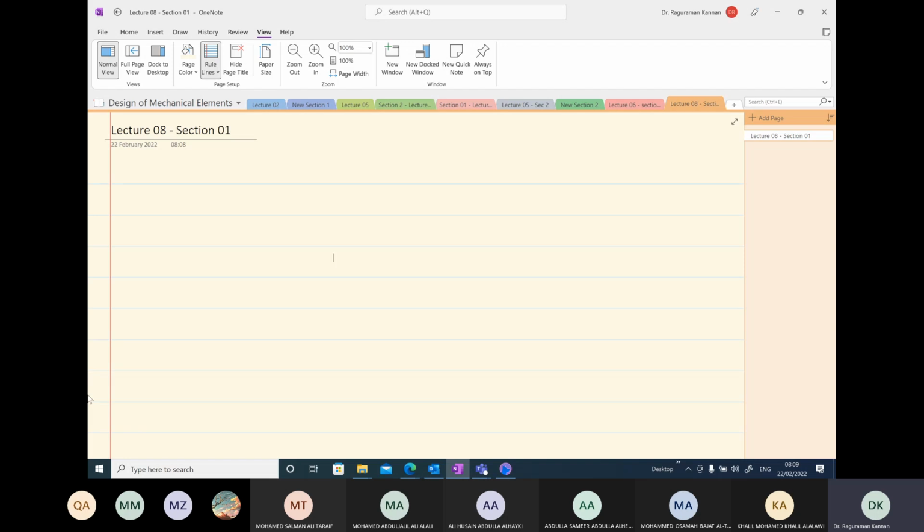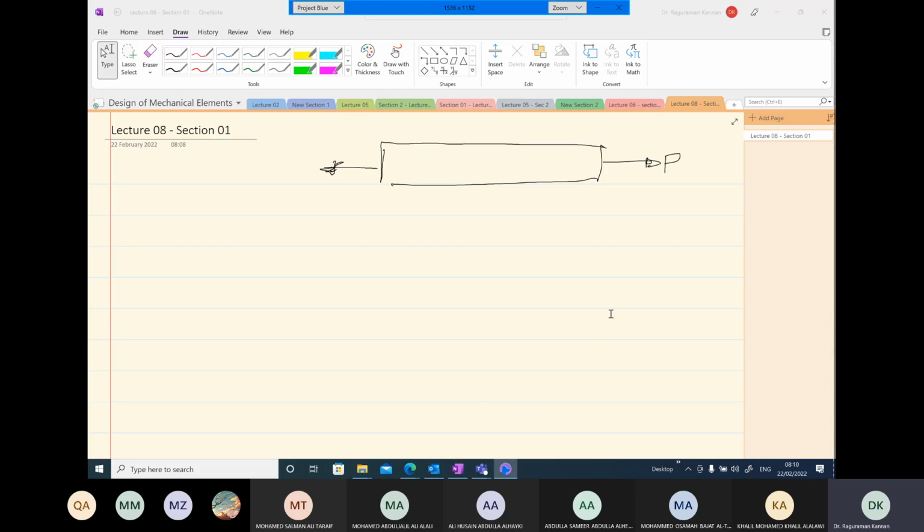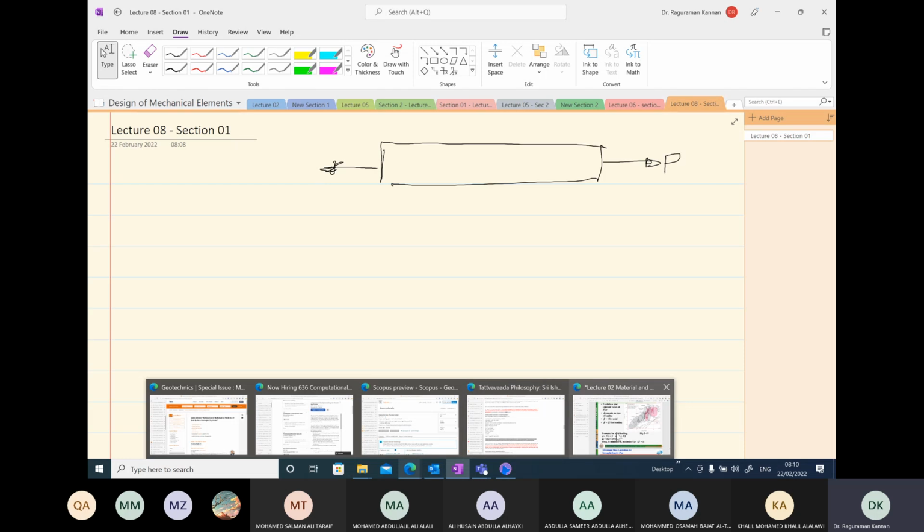Okay, so again, just like the previous case, we assume an axial load problem, the load P, except the objective is going to be slightly different. Let's see here, where is the problem?